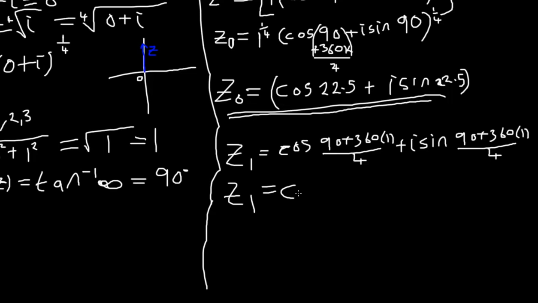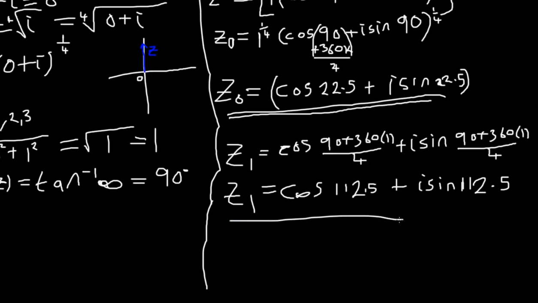So you get cos of 360 plus 90 over 4, you get something like 112.5, then plus I sine the same angle, 112.5. So this is my z1.